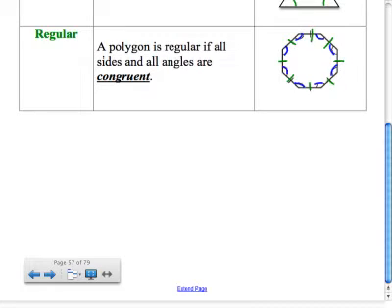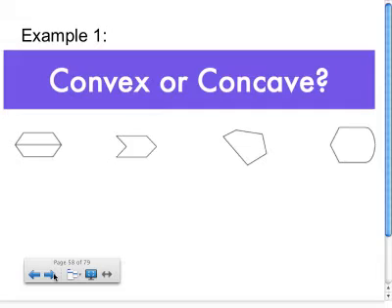So if you are equilateral and equiangular, instead of saying both things, we just say that you're regular. Everything's equal: all of your angles are equal, all of your sides are equal in measure.